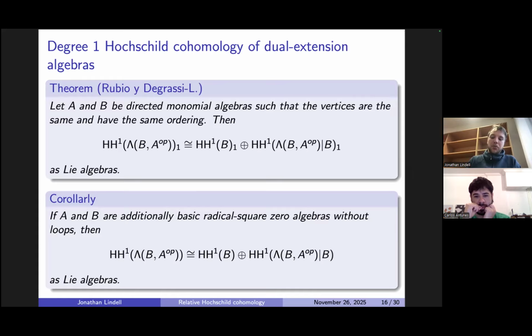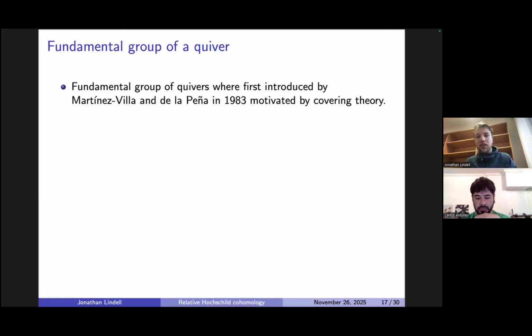So for this reason, we were interested in trying to understand how the fundamental group behaves in the relative setup, since there is this sphere of fundamental groups of quivers which connects to the Hochschild cohomology. So let us first recall the definition of a fundamental group of a quiver, as given by Martinez Villa and de la Peña in the 80s by covering theory.